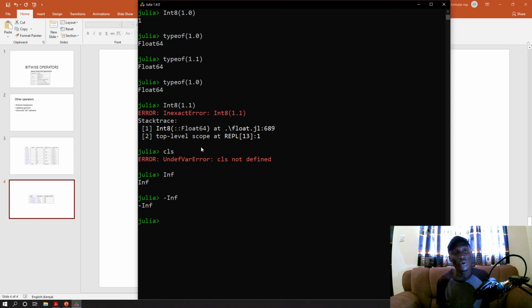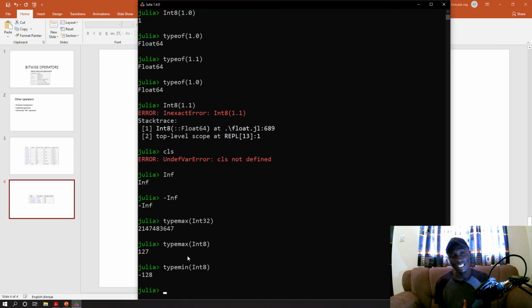If you want to know the maximum size of a type, you can use typemax of Int32, for instance. You see, it gives you the maximum number Int32 can take, and then the same for Int8. If you want to know the minimum, then you can do typemin here.